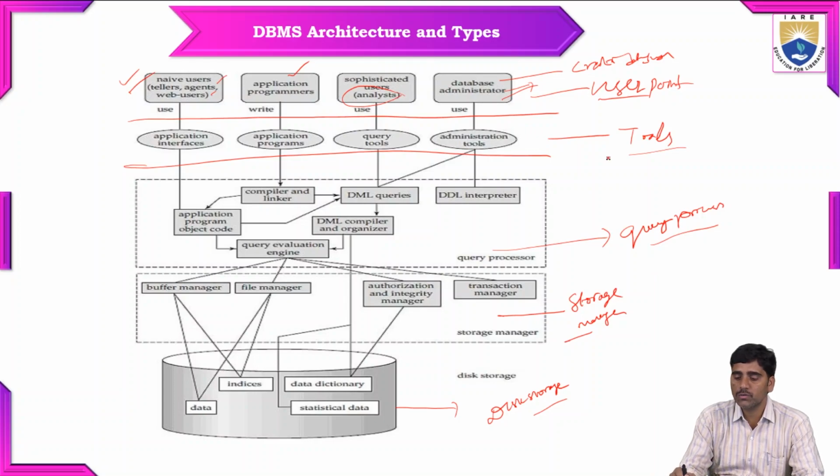And the second one, the tools point of view. For such users, there are tools to interact with the tables, the data, and the database. So what are the tools they are using? Application interfaces. Who will use them? Naive users, such as tellers.